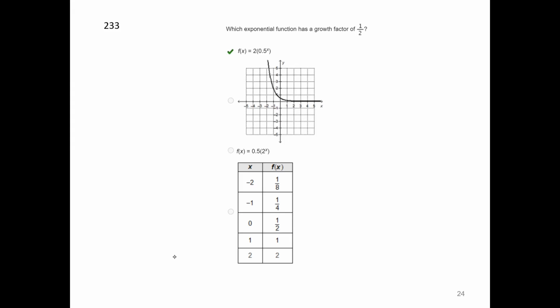So what you're looking at is 1/2 is equal to 0.5, right?